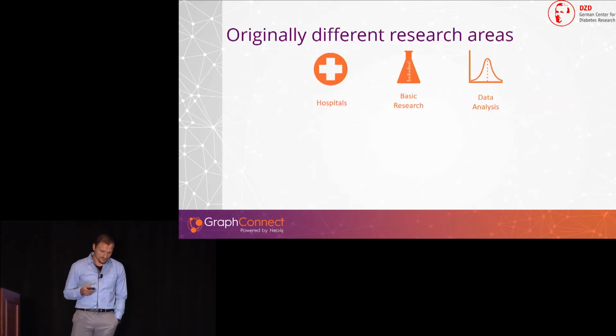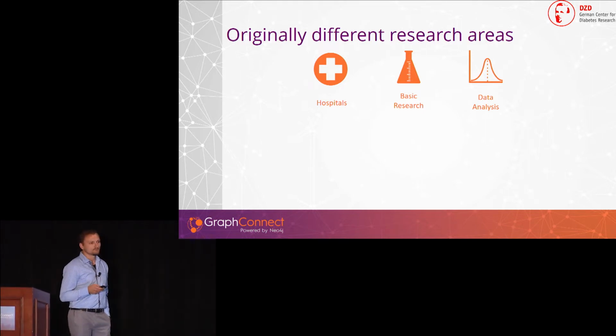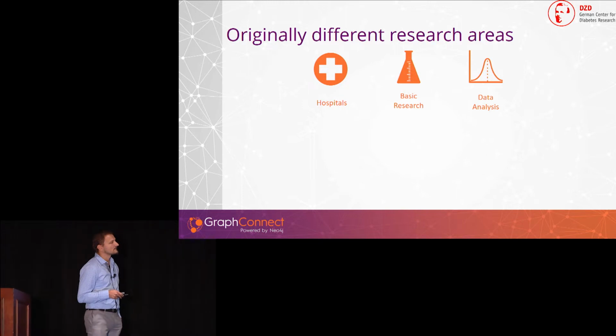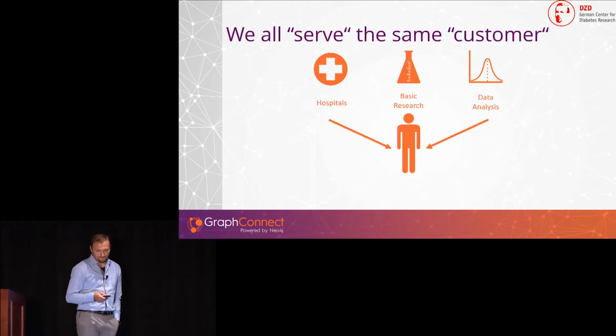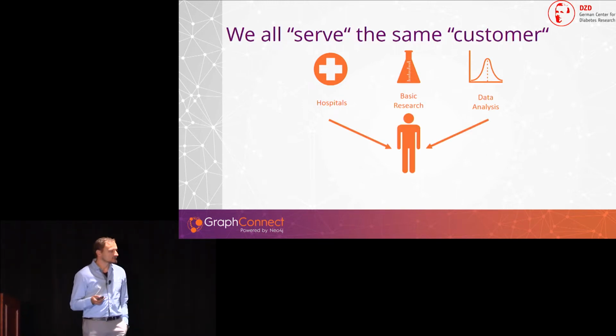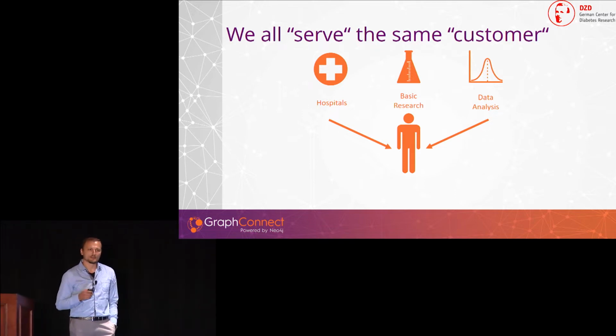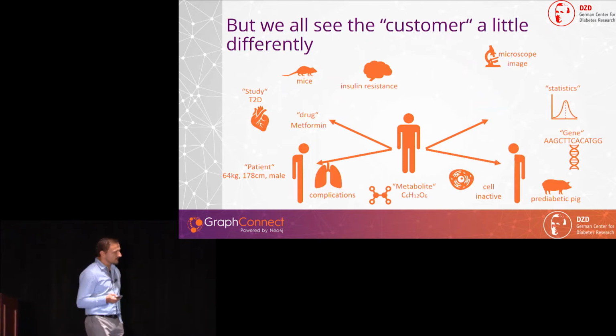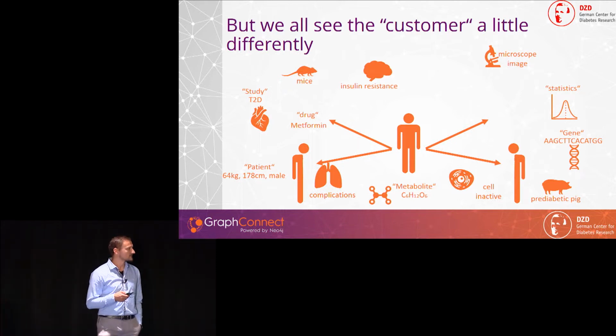This originates because we usually were 3 different businesses: hospitals, as I said, basic research, and some bioinformaticians. And we all used to work for the same customer, the diabetic patient. But everybody of these researchers saw this diabetic patient a little bit differently.